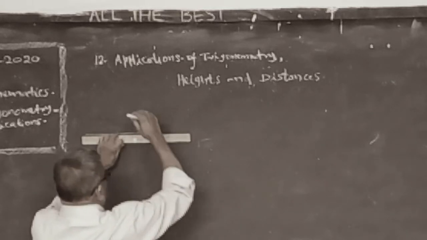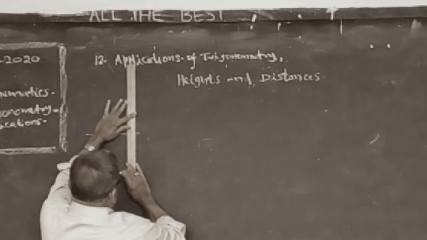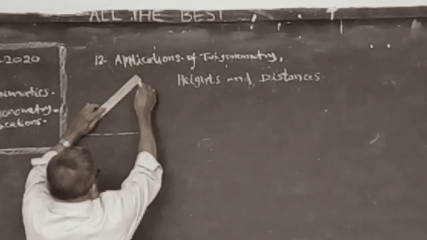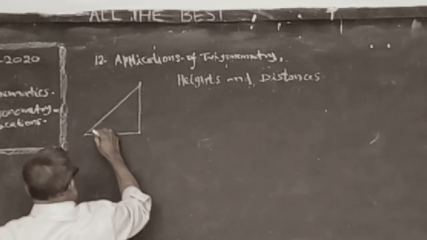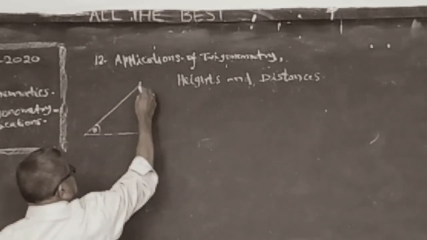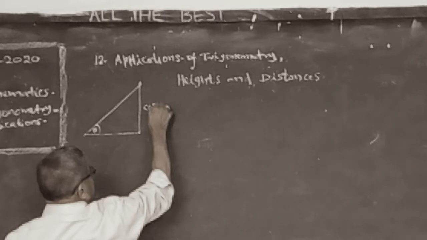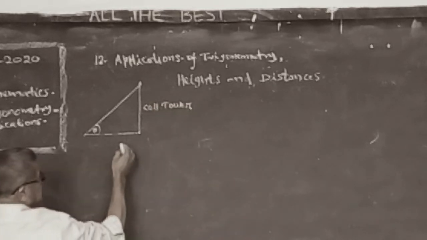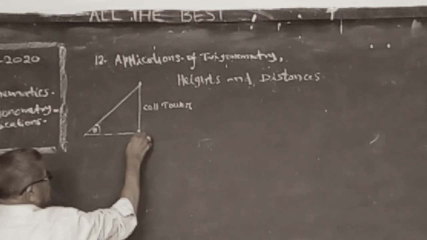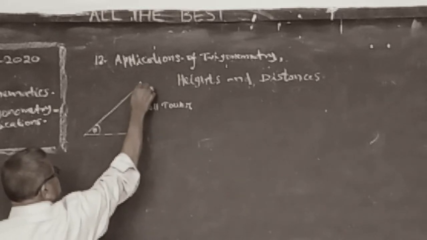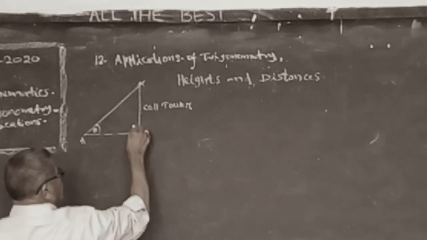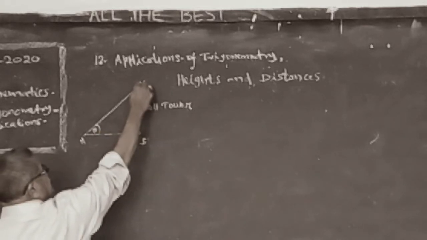See, this is the right angle triangle, and we are observing. This is theta. This is the cell tower. This is the base, the foot of the tower. A, B, C. Now we are observing the top of the tower.